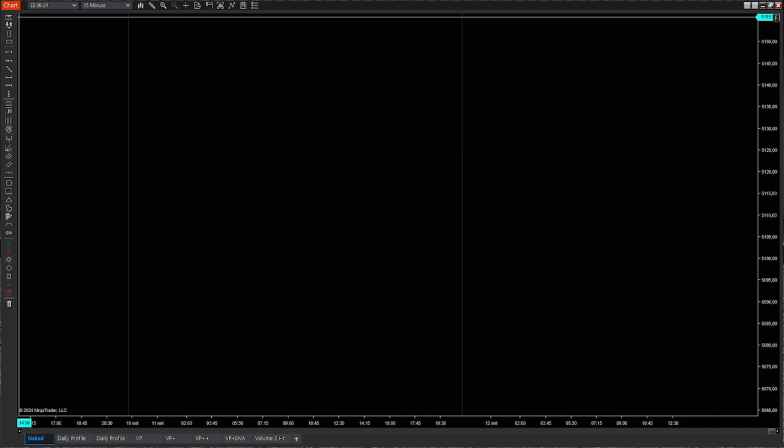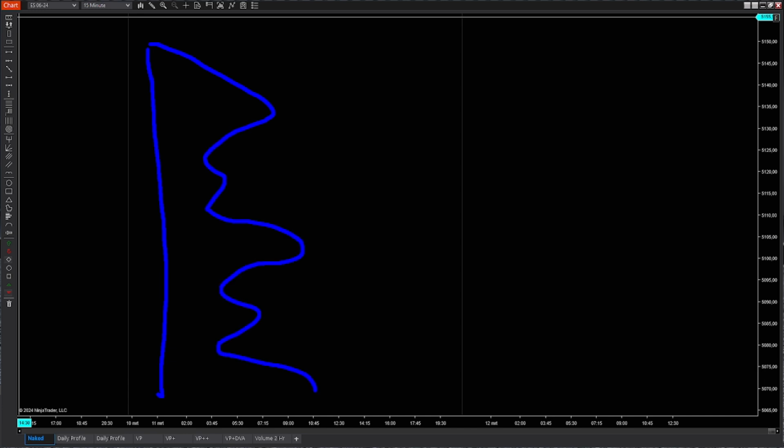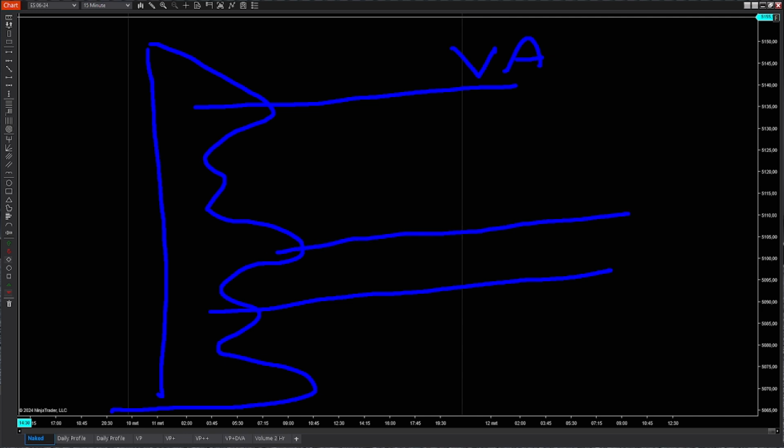What do we want to know about the volume profile? There are a few key components. As I said, you have the POC and the value area. This is a beautiful volume profile right here. The value area could be right about here somewhere, and our POC is right here. So what do we know?